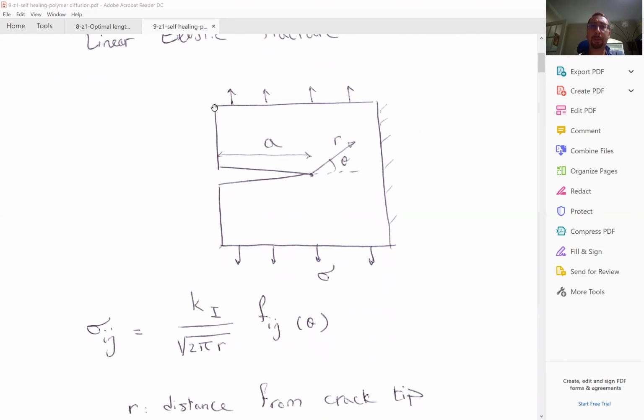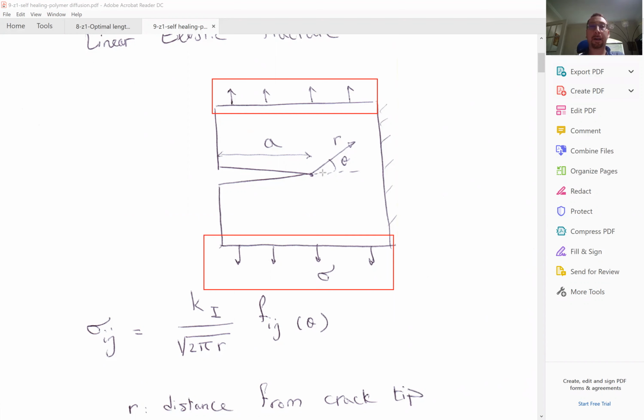So the geometry we're dealing with, the simplest geometry, would be something like this. We have an initial crack in the material, and in the far field, this region and this region, we call it the far field. The average stress applied at the far fields is just sigma.